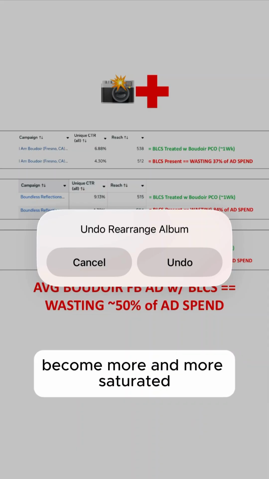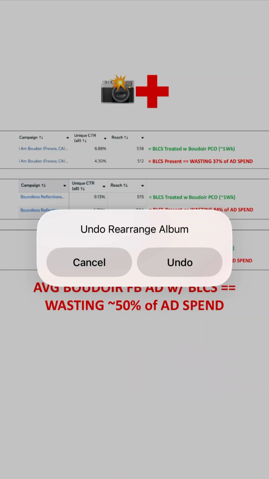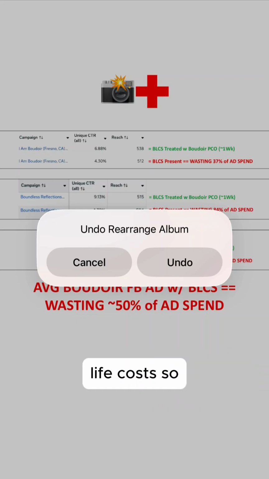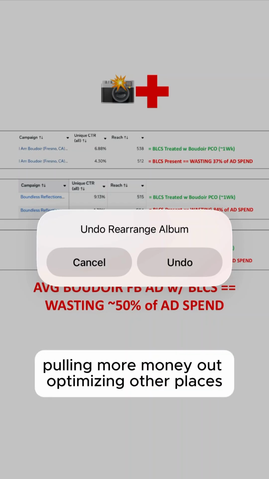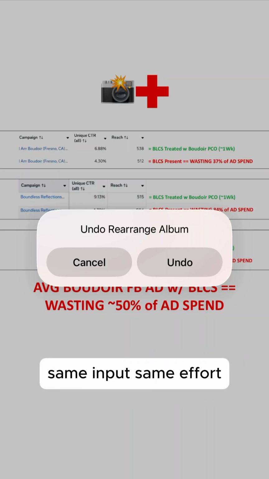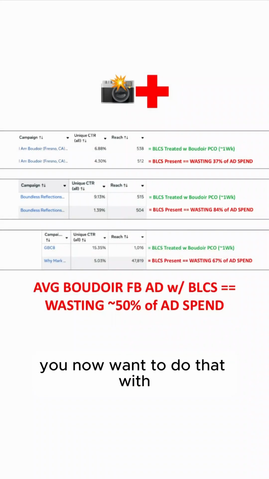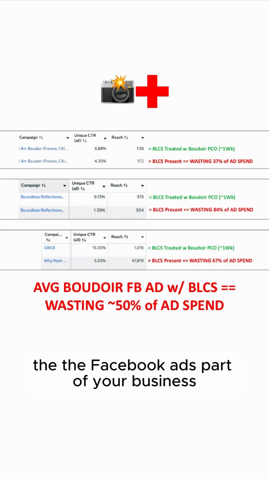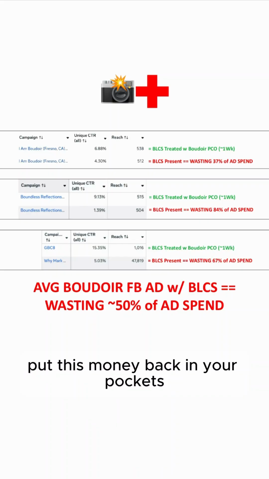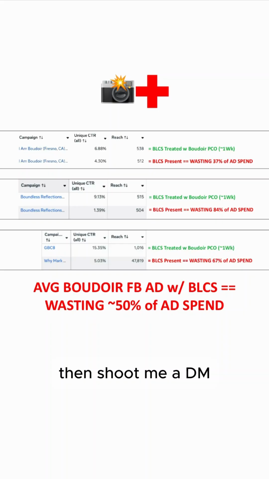So you're just seeing the market become more and more saturated for the same number of buyers. And you're seeing inflation and living costs. So you've been optimizing the business, pulling more money out, optimizing other places, pulling more money out for the same input, same effort. And you decide you now want to do that with the Facebook ads part of your business, kind of plug these holes, become more efficient, put this money back in your pockets, then shoot me a DM.